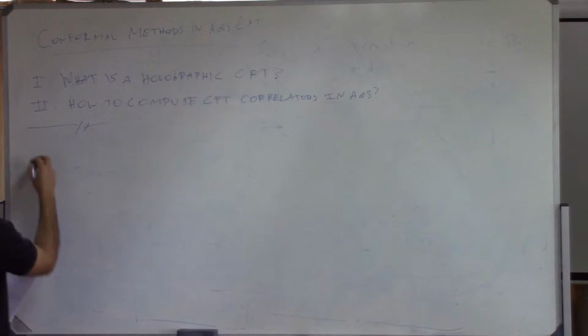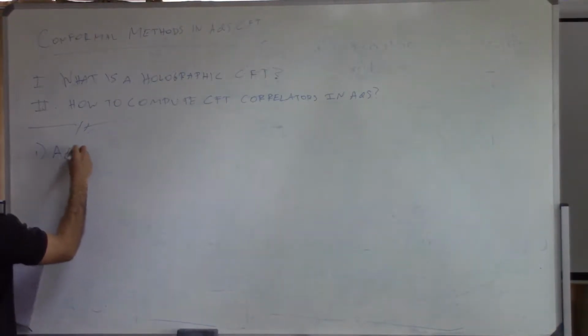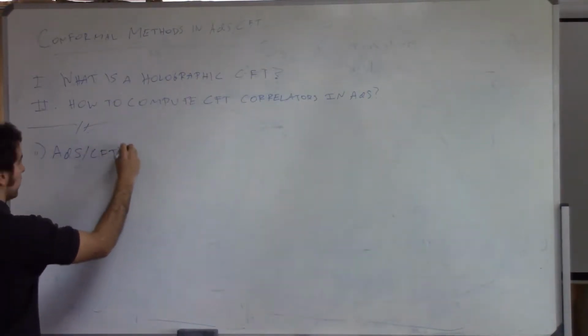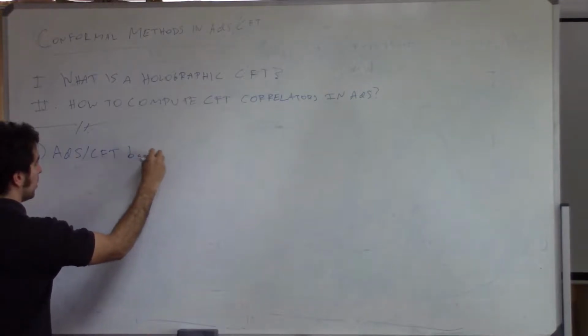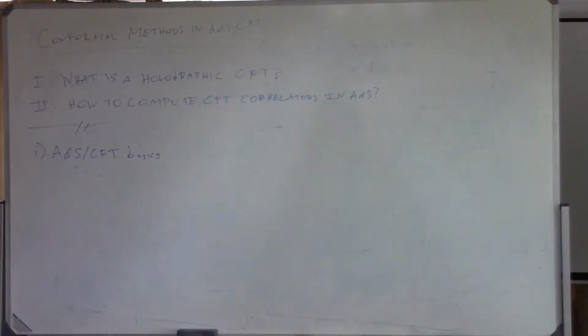Something like the following. So, first, for the sake of completeness, I'll talk about some AdS/CFT basics. I'll try not to belabor the point, but I just want to set some main points out there, and even if you have some basic familiarity with the subject, I think it'll be useful for what comes after it.